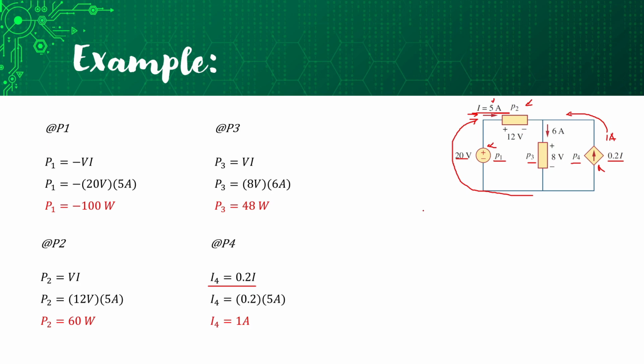Next is to find the voltage. The problem here is that we don't know the voltage of this dependent source because it doesn't have any value being dictated. So there's a rule that I will teach you.